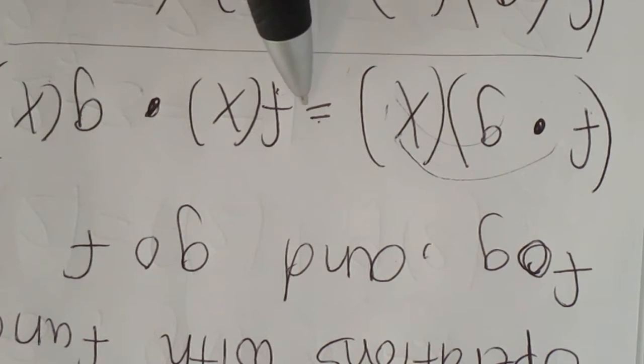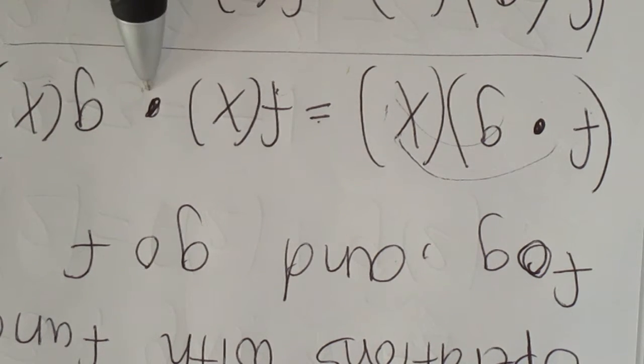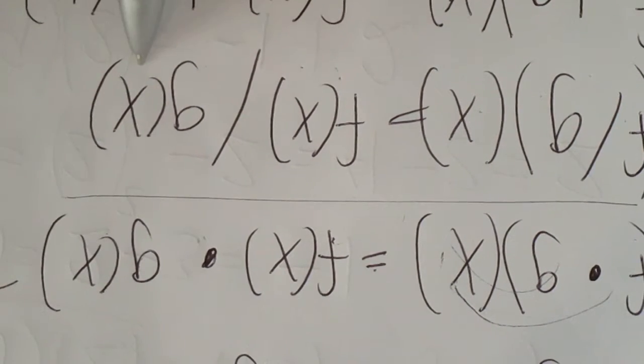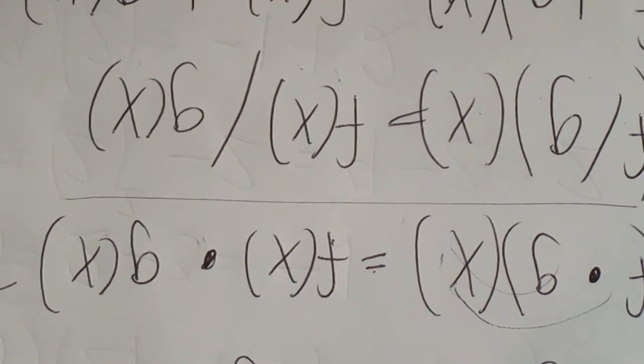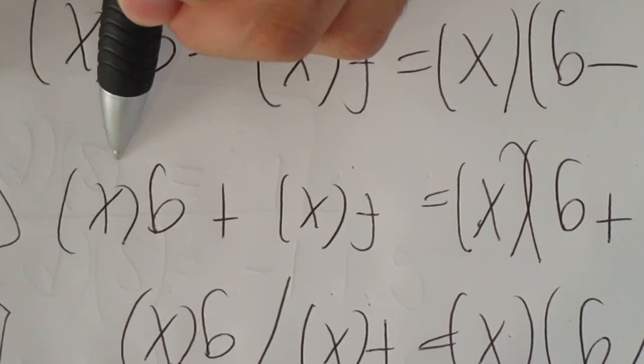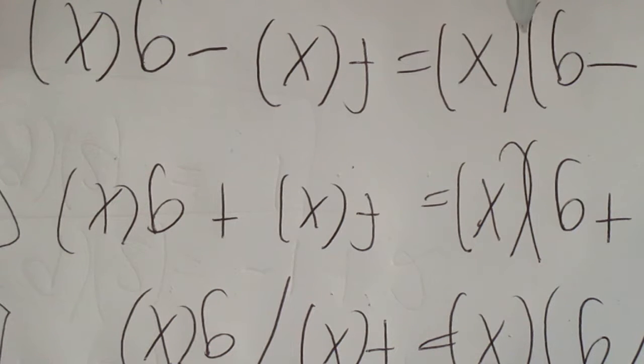So you have f of x times g of x, and for division it's f of x divided by g of x, and then addition is f of x plus g of x, and then we have the subtraction, f of x minus g of x. So we're going to do some examples.